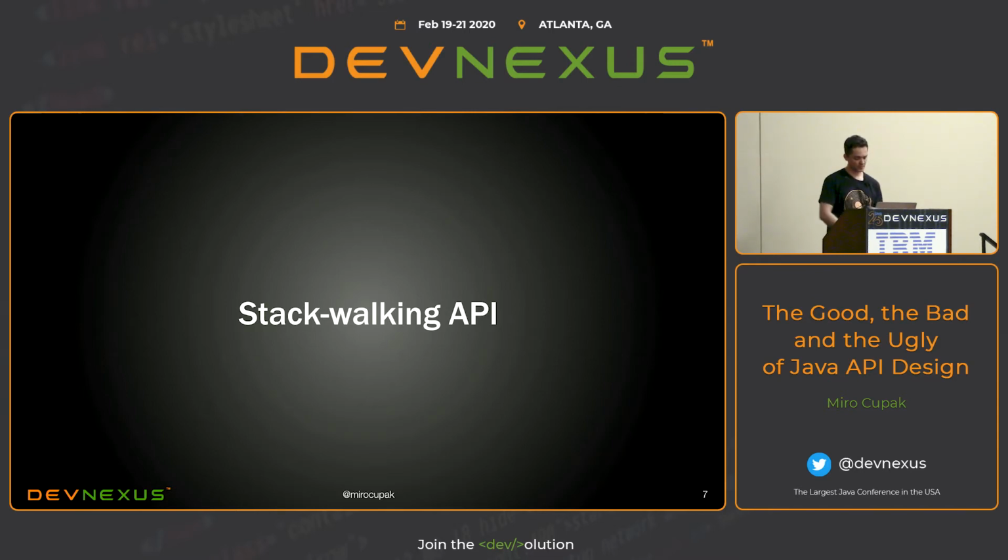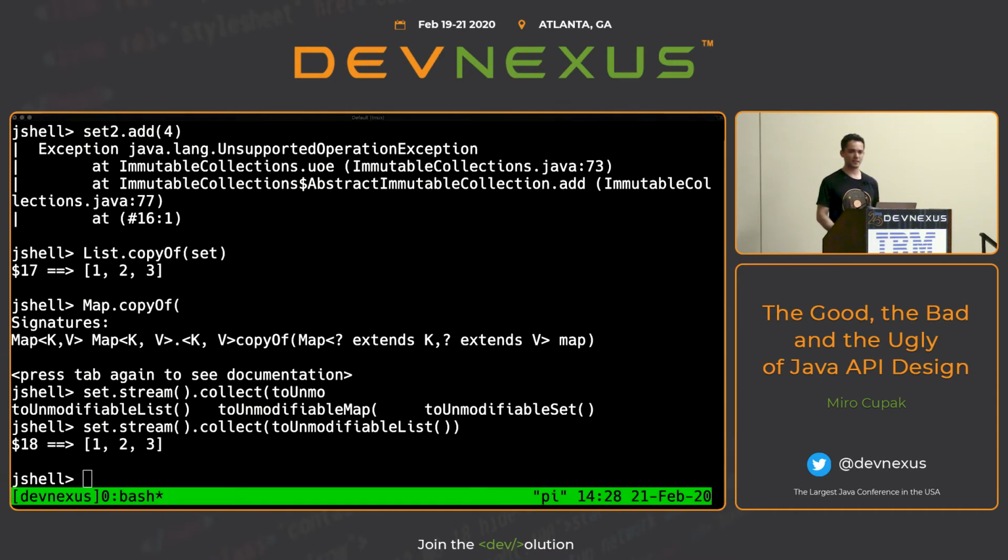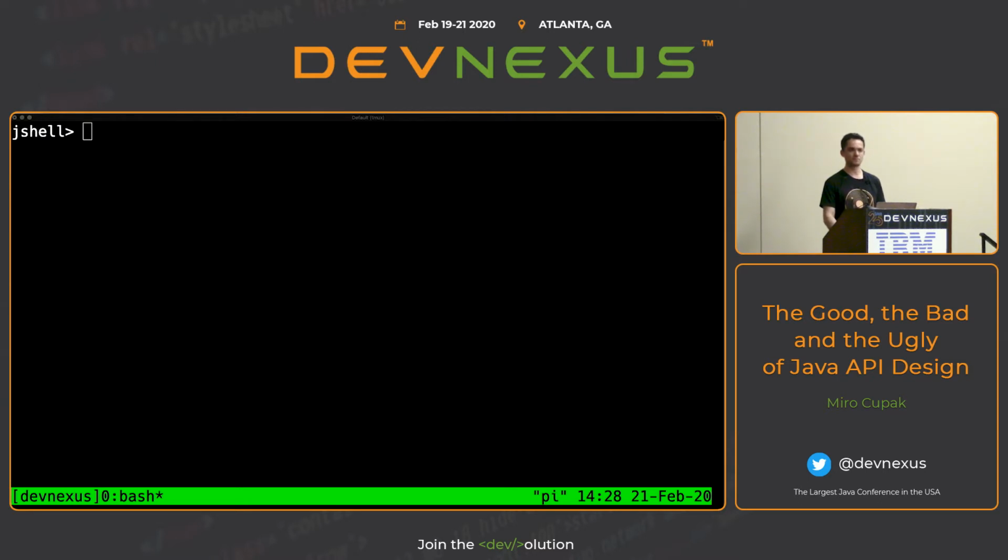Stack Walker is an API for easy, lazy, and stream-friendly access to stack traces. Now, before Java 9, what would you use to access a stack trace? Any ideas? Okay, any better ideas directly with the JDK?